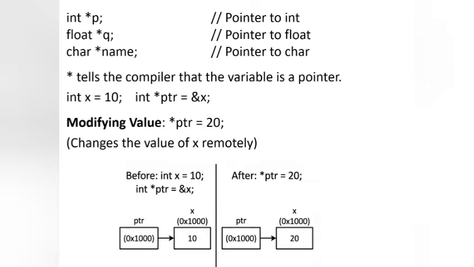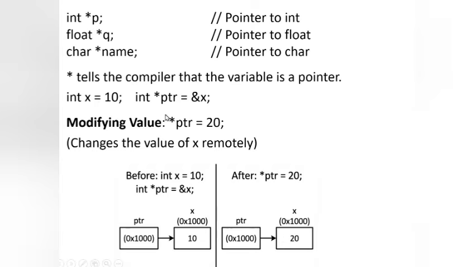For example, here we are declaring a variable x and initializing the value 10. Later, we are declaring a pointer variable, int *ptr = &x. Now, if I want to change the value of x, normally we do x = 20. But here, I am not directly accessing the variable x, but I want to change the value.